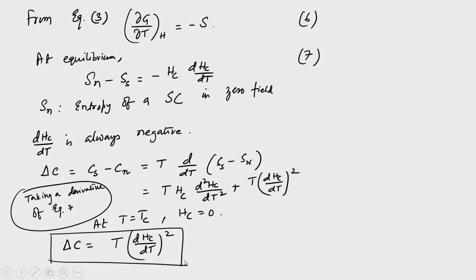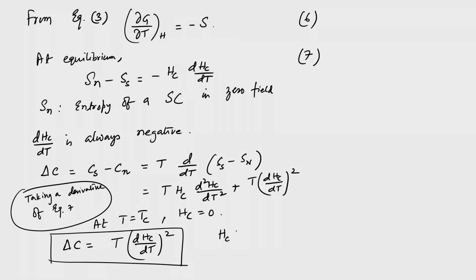So, if you know H_c as a function of T, how it varies. In fact, incidentally, for most of the superconductors, this H_c as a function of T varies just the way we have seen. So, it is H_c(T) equals H_c(0) times (1 minus T by T_c) whole to the power half.